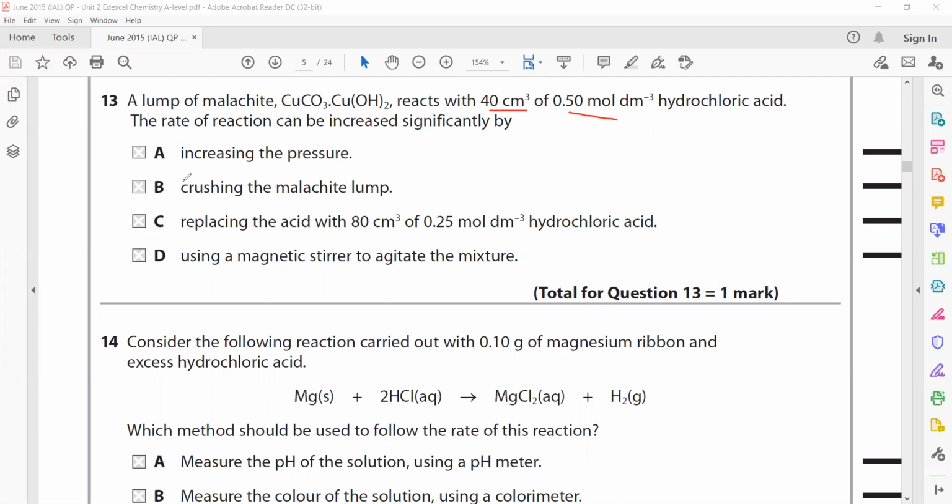Crushing the malachite, the ore, increases the surface area, so the rate of the reaction will also increase. Replacing the acid with 80 cm cube of 0.25: if we decrease the concentration and increase the volume, the rate will decrease. Using magnetic stirring: we don't have a magnetic material here, so it does not affect the particles or the rate of the reaction.